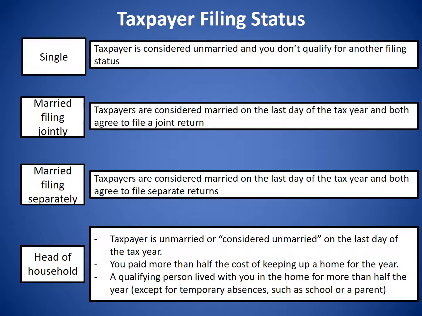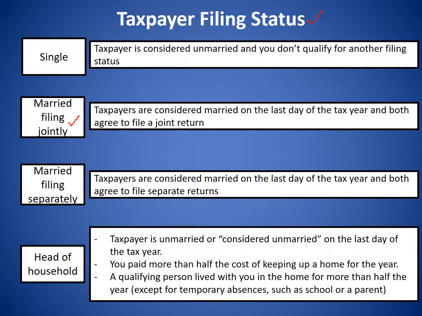Okay, taxpayer filing status. And again, you just can't pick any status. You have to fit within a status. Now, we're going to start out with married filing jointly. And there's a number of rules, but this is the gist of married filing jointly.